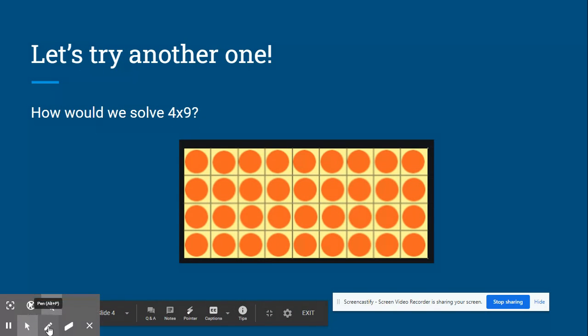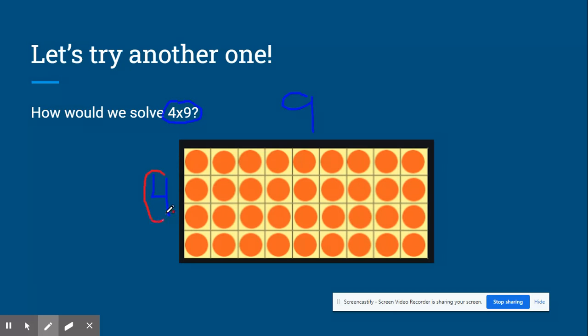So let's try another one, and I'm going to get a little bit more in depth here. So this is showing a 4 times 9. And if you don't have this multiplication fact memorized, that can be a lot of work. So if I look at this array, it is 4 times 9. But what I am showing you in this presentation is how instead of looking at it as 4 by 9, we're going to break that 4 apart into a 2 times 9 and a 2 times 9.